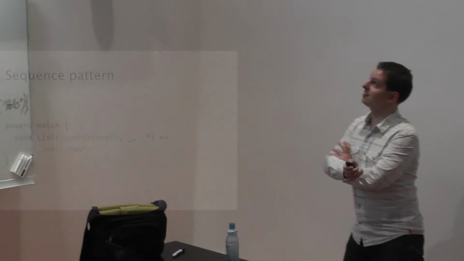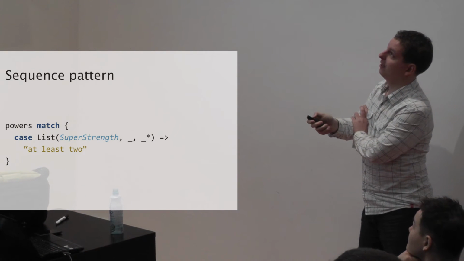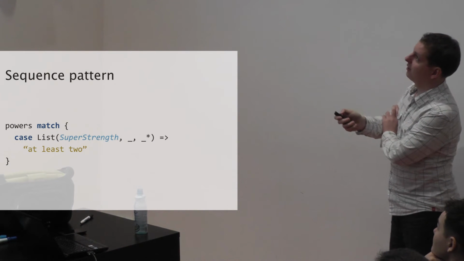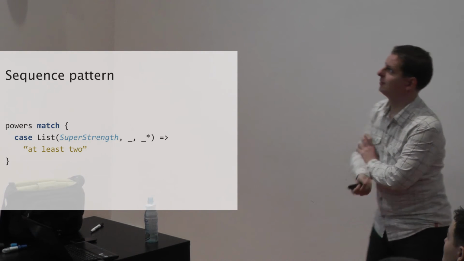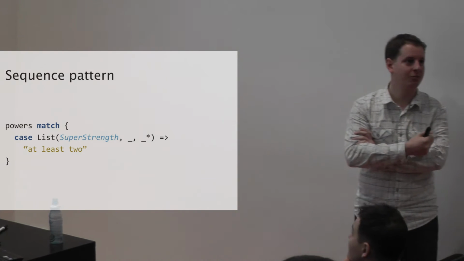What's the difference between the sequence pattern and the constructor pattern? Because this looks like a constructor pattern of type list, isn't it? Yes. The difference is that in the sequence pattern there might be a list with any length, with any number of parameters.